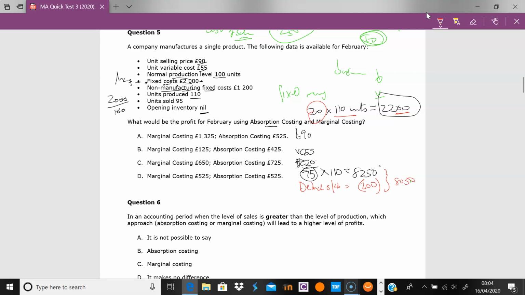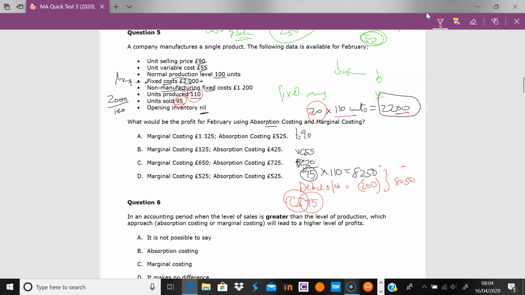Okay, great. So what do I have now? I have opening inventory of nil. I have my production, and I'm told that we sold 95. So if we produced 110 and we sold 95, it means we have 15 left, right? So my closing inventory is still the full cost. This is all about valuing closing inventory.